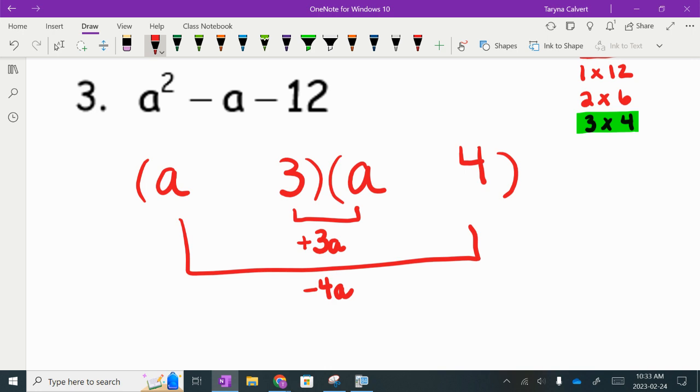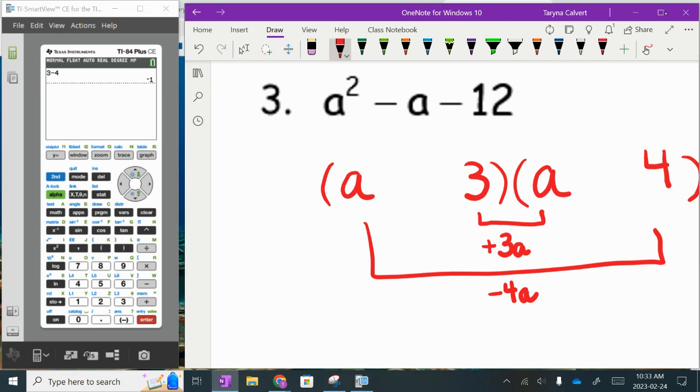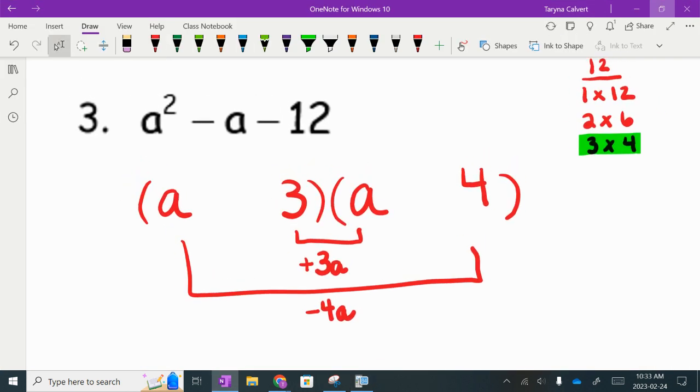If you can't visualize that, I need a negative 1a. I can't put the a on the calculator, but I need a negative 1a. If you check the inside first, that sign always goes into your first bracket. If you check the outside second, that sign will always go into your second bracket. So then it'll be a plus and a minus.